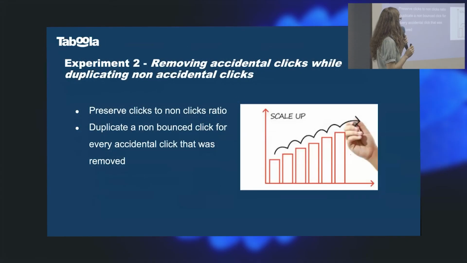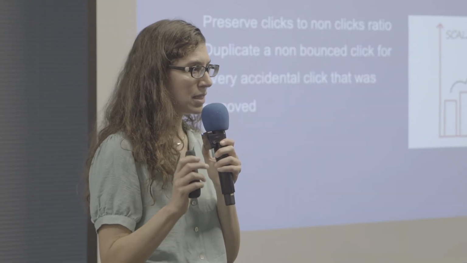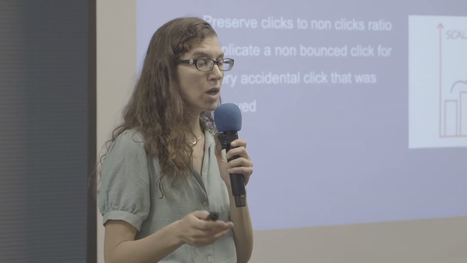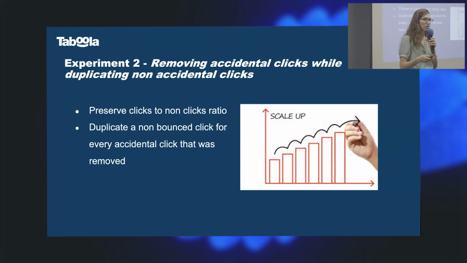So we understood that what we have to do, because we don't have this data for the other part of the advertisers, is keep the ratio of clicks to non-clicks as it was before the removal of the accidental clicks, in order for the competition to be fair and the prediction not to be biased. So for every accidental click that we removed from the dataset, we duplicated another click which wasn't accidental, where the user was engaged with the site.